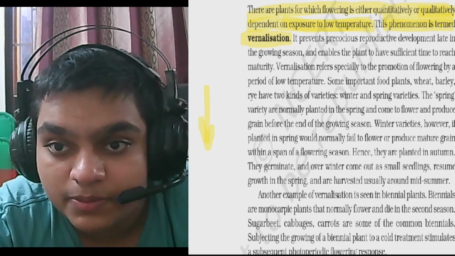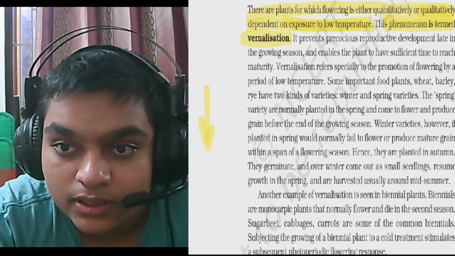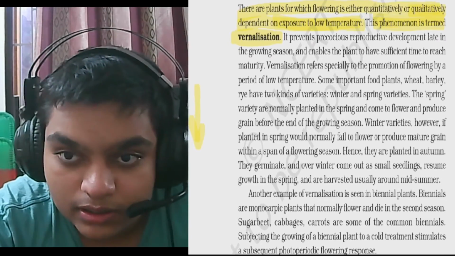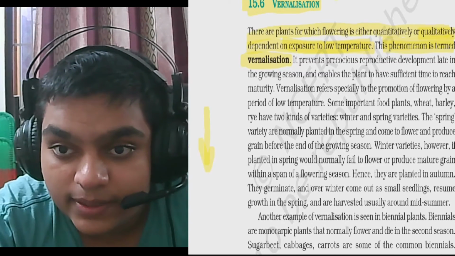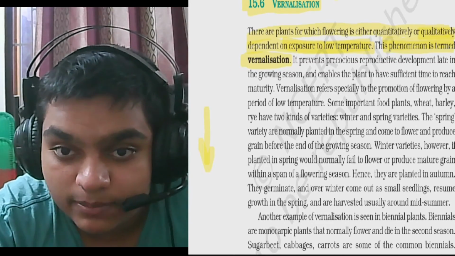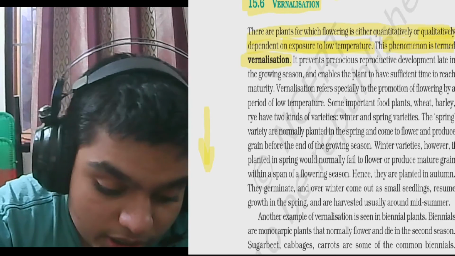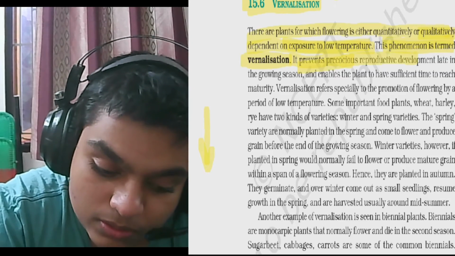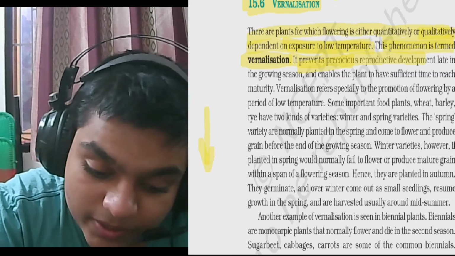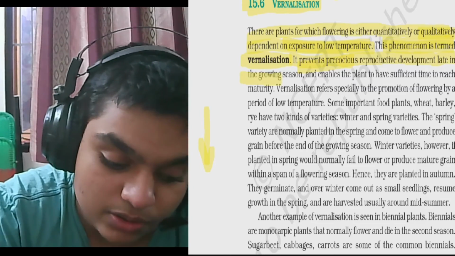It prevents precocious reproductive development late in the growing season and enables the plant to have sufficient time to reach maturity.